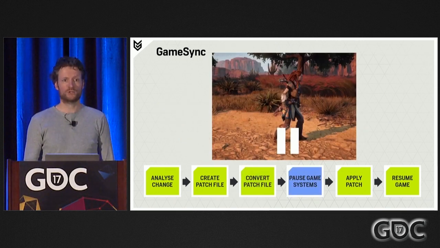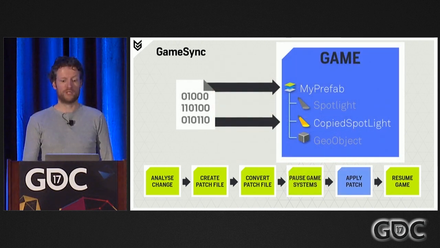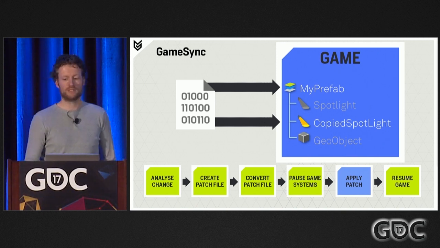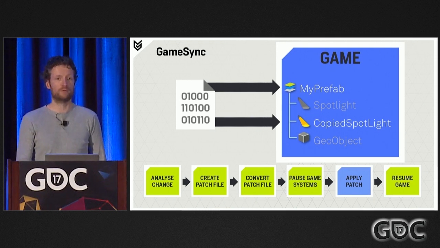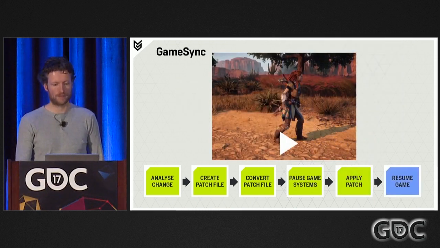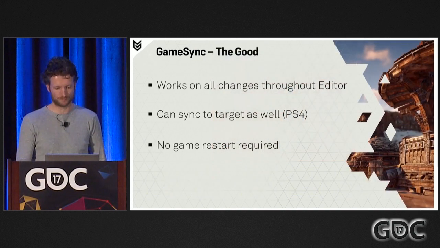The game is then paused at a sync point, meaning no streaming is happening and all threads are effectively paused. Applying the patch means copying the objects in the patch file to the affected game systems. The target objects in the game are overwritten, meaning that any cached pointers in the game will remain valid. Finally, after applying the patch, the game and all of its subsystems are resumed.